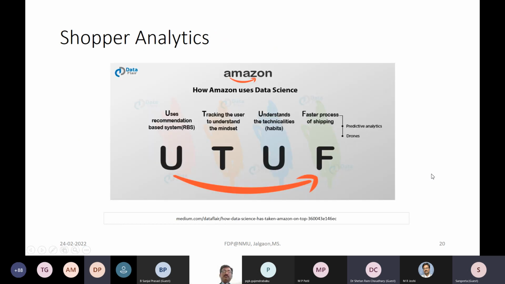Now, I'll give you a small example before I ask you the question. Shopper analytics of Amazon, because Amazon is using data science. It has enough money and it's doing very well. This is taken from this website. It uses a recommendation based system. If you all are aware, earlier in 2010 to 11, basic level data mining had started. And in India, it came roughly around 14-15 when data science was mentioned in the syllabuses of engineering colleges.